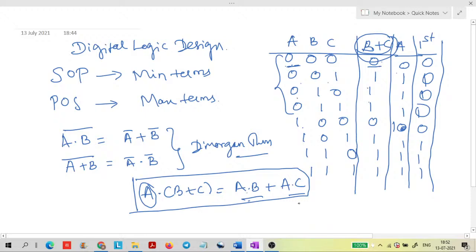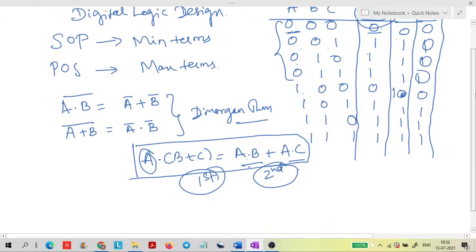In this way, if you do it, you will get these two terms. The first term and this term are both equal. Definitely it will be equal. It satisfies the law. In the next video we'll discuss a few more concepts.